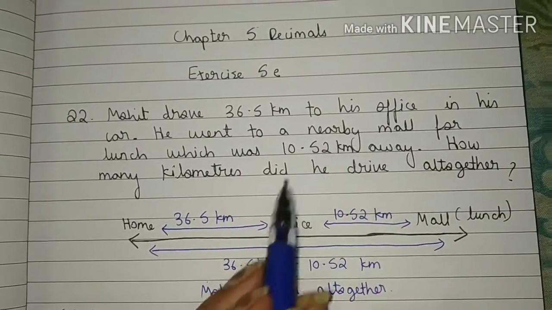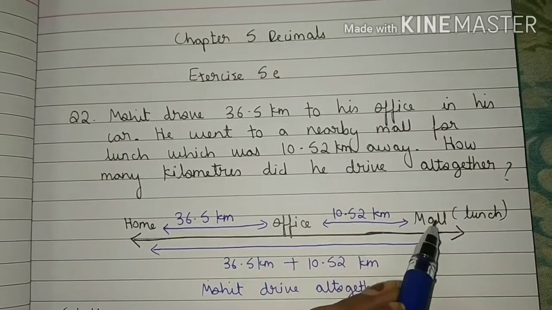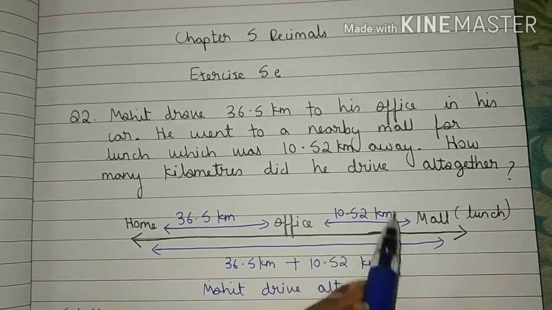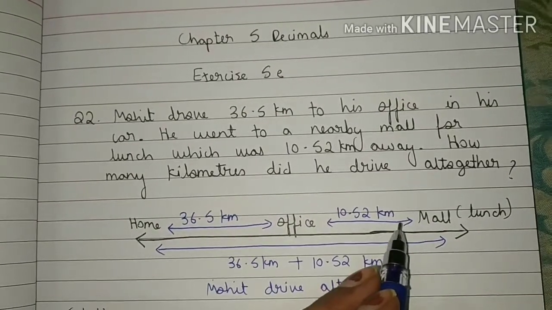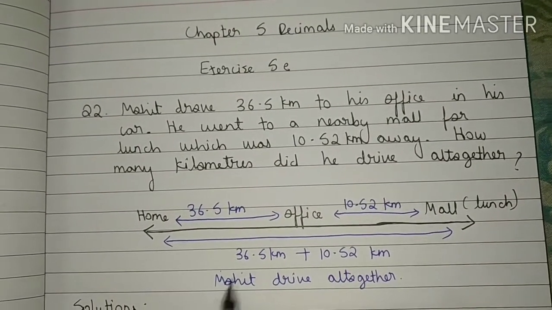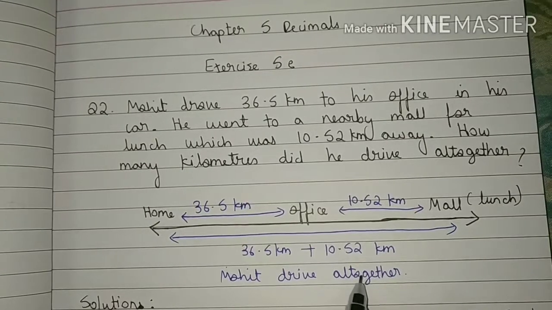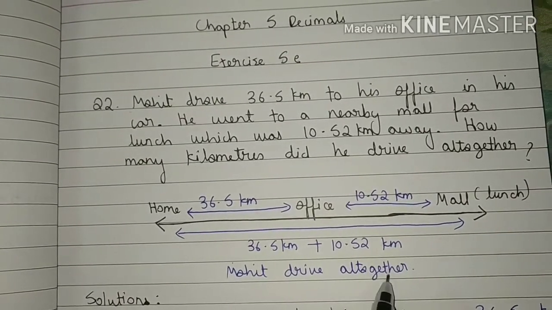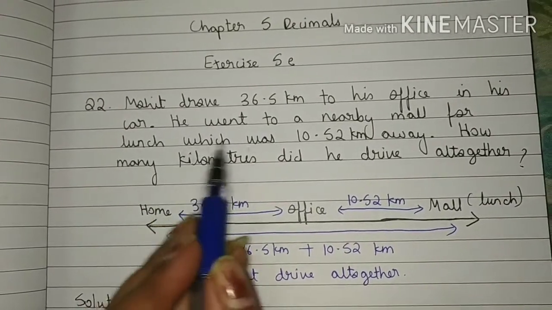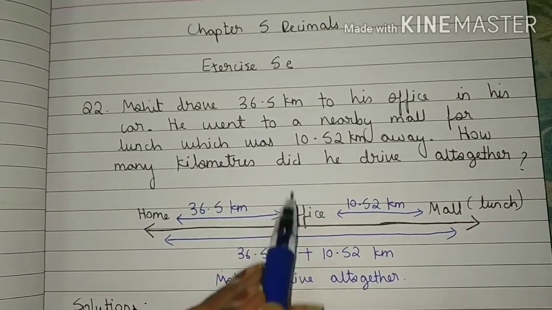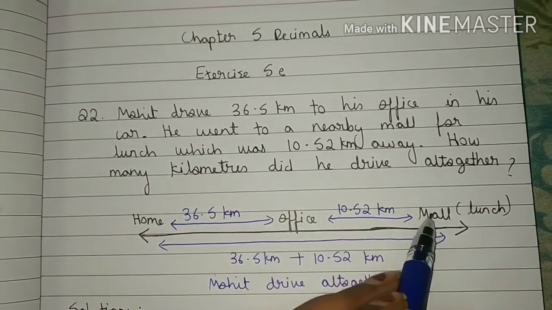So, from office to a mall, he drives a car 10.52 km. Altogether in the sense that Mohit drives a car from home to his office and from office to a mall for lunch.